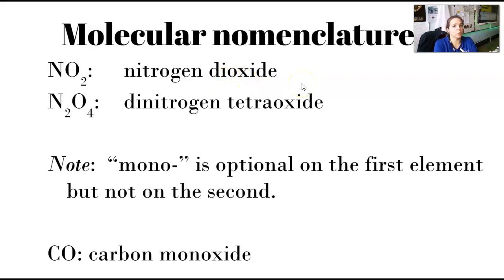And remember, it ends with "ide." And then looking at this one, you've got N2, so it's dinitrogen. 4 oxygens is tetraoxide. Note the mono is optional on the first element, but not on the second. So you could say mononitrogen dioxide, but that's just a mouthful. You don't have to add that mono on there.